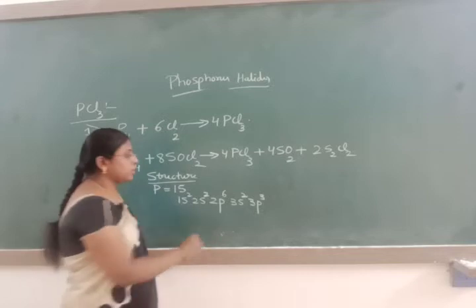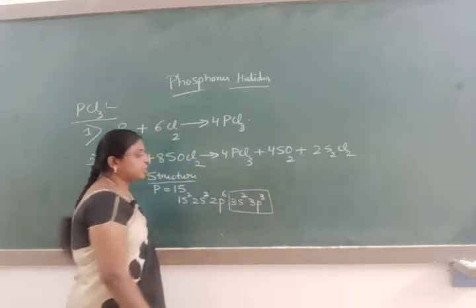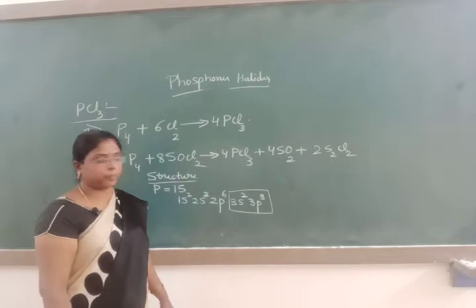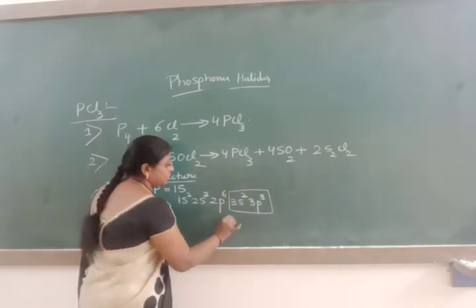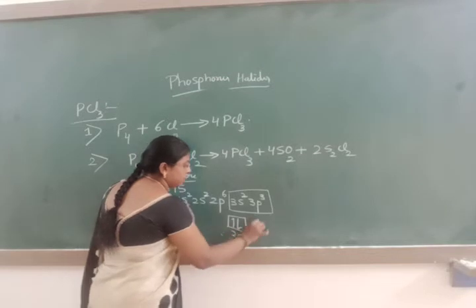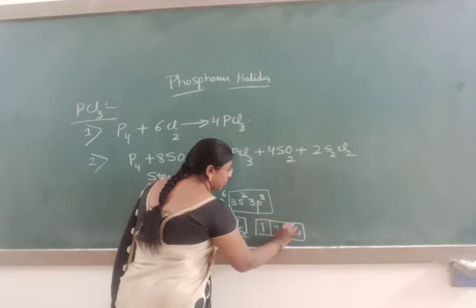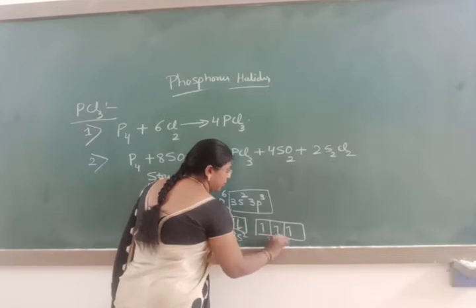The outermost shell contains 5 electrons, that is 3s2, 3p3. 3s has 2 electrons, and 3p has 3 electrons.